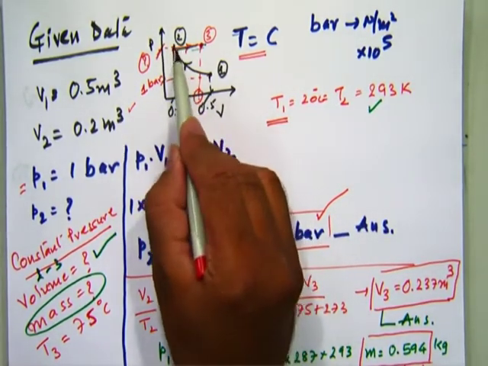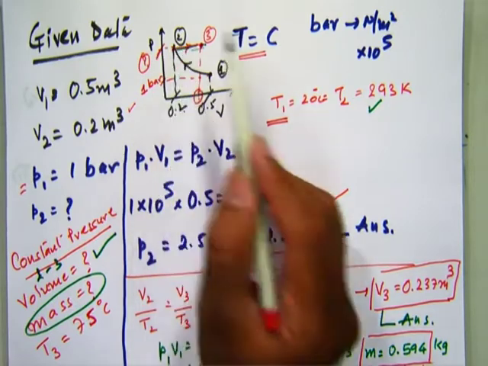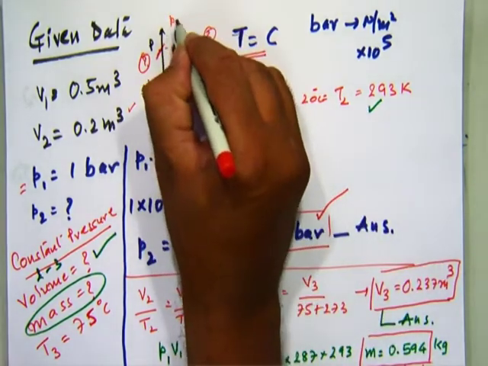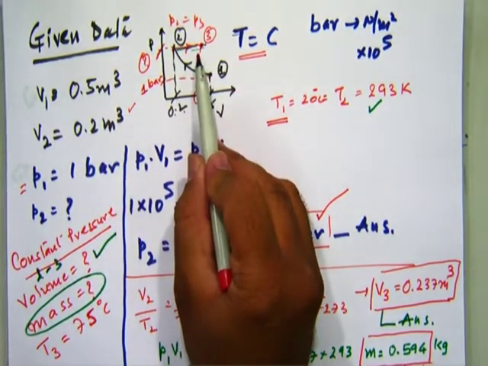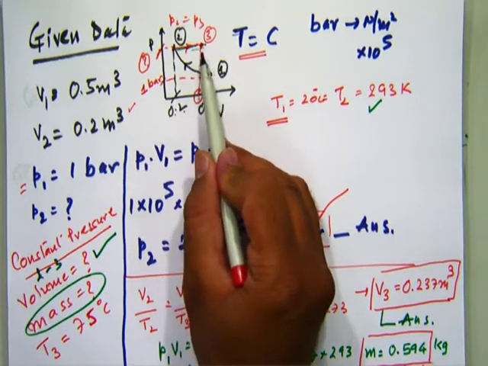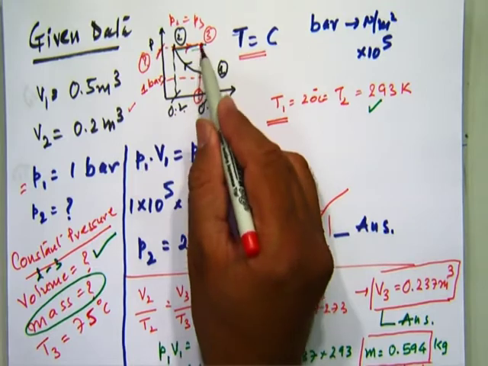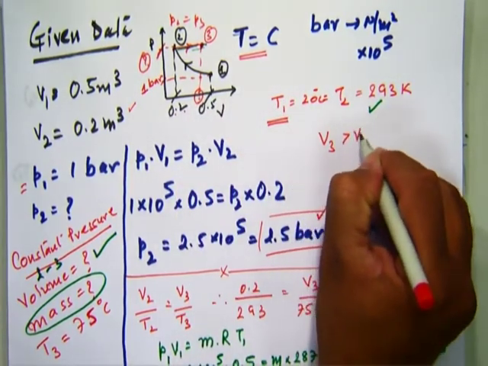Then the gas further undergoes a constant pressure process. So here P2 is equal to P3, and it is further heated, the temperature goes up, so the volume V3 must be greater than volume V2.